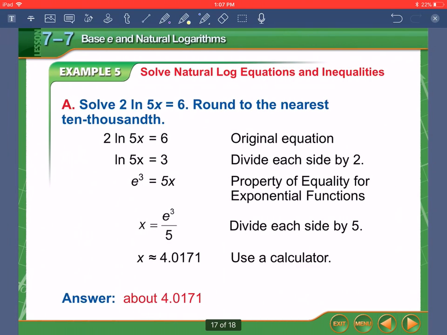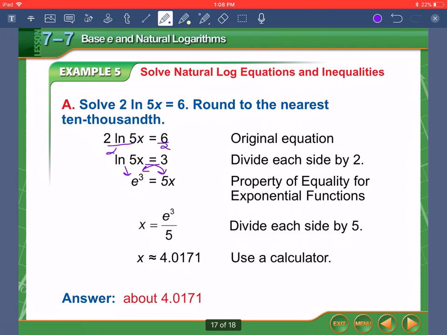Okay, so I'm solving 2 times the natural log of 5x equals 6. So what I can do right off the bat is to get rid of that 2, I can just divide both sides by 2. So that's how I get the natural log of 5x equals 3. Now I can put it in exponential form. So the base is e raised to the 3rd power, and that equals 5x.